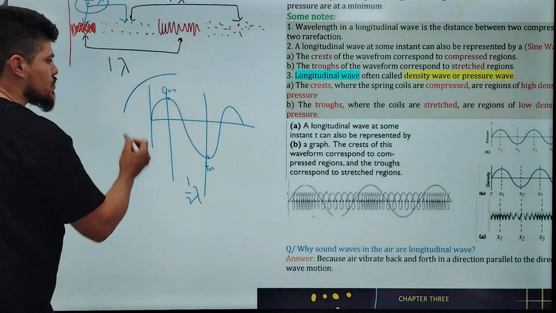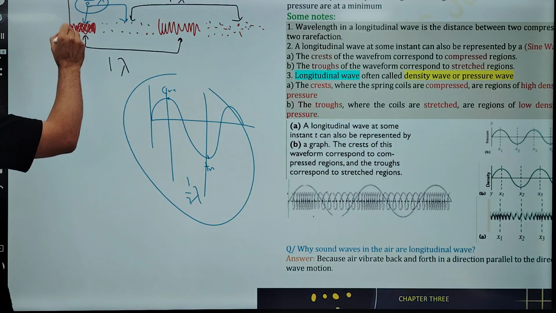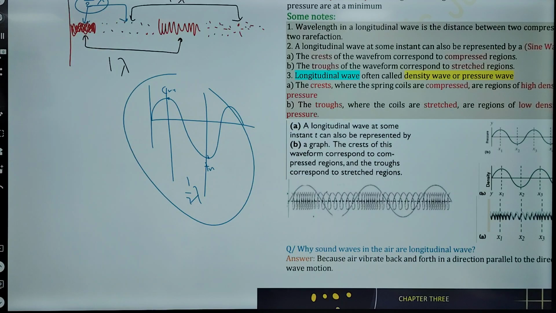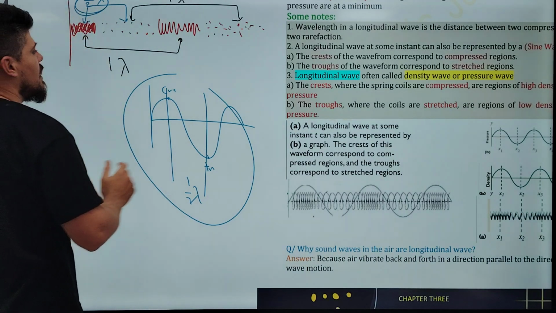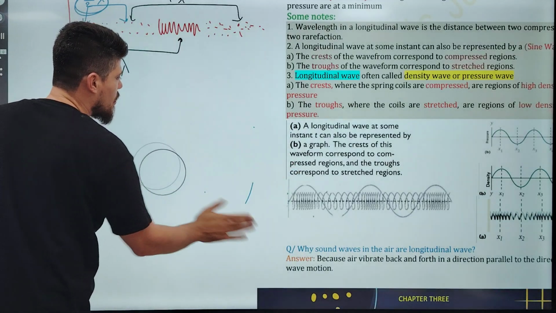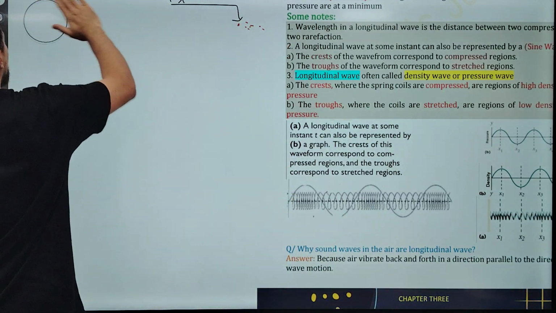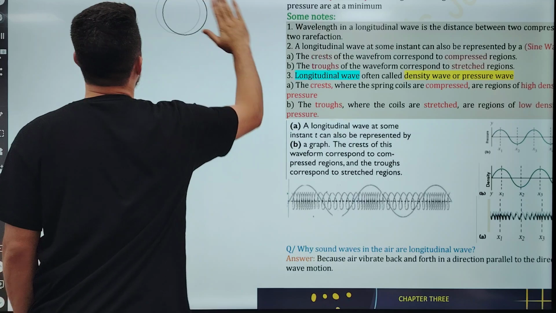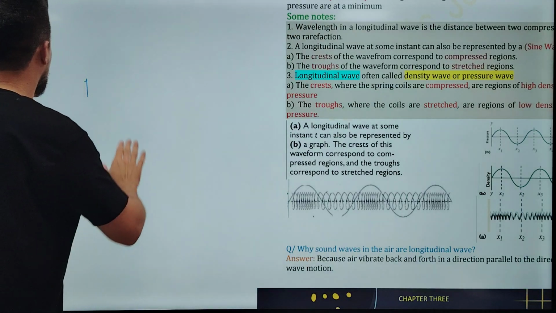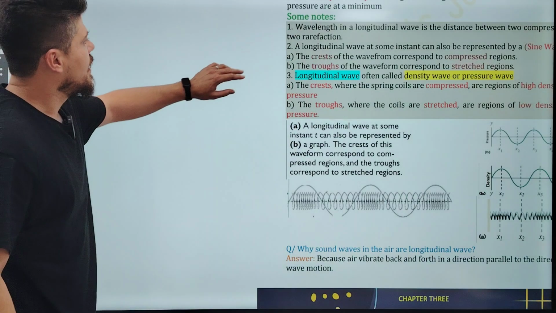This is in a transverse wave. But in a longitudinal wave, the distance between compression and rarefaction is equal to half a wavelength. Hope you understood very well because it is very important and it has been brought up in the exam many times. So please pay attention.